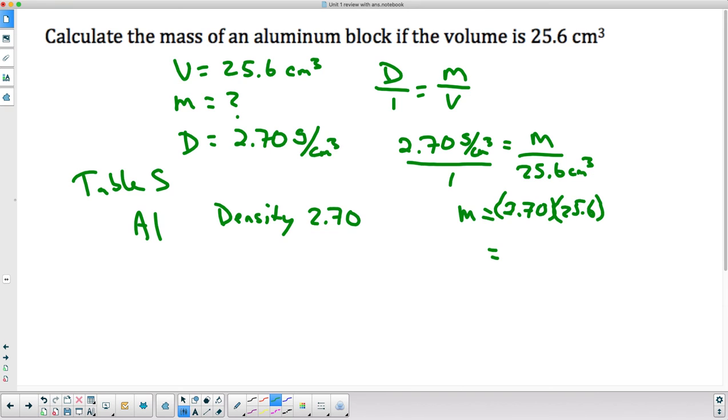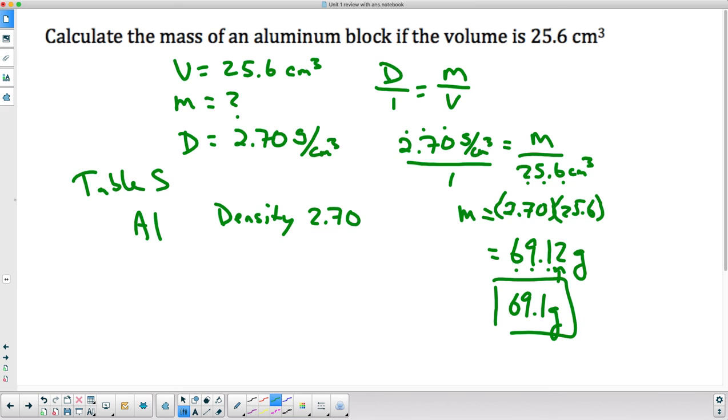What does that equal? What I get then is 69.12, and that's in grams, because that's mass. I have 3 places. I check to see if that's 5 or higher. 69.1 grams. There you go. That's how you do those density problems. All right, good luck. The next page is up next.